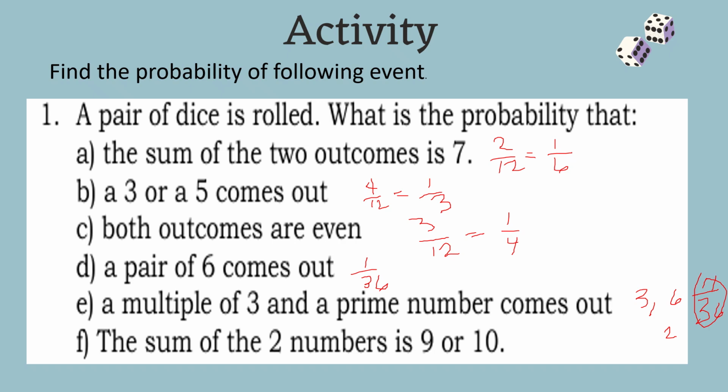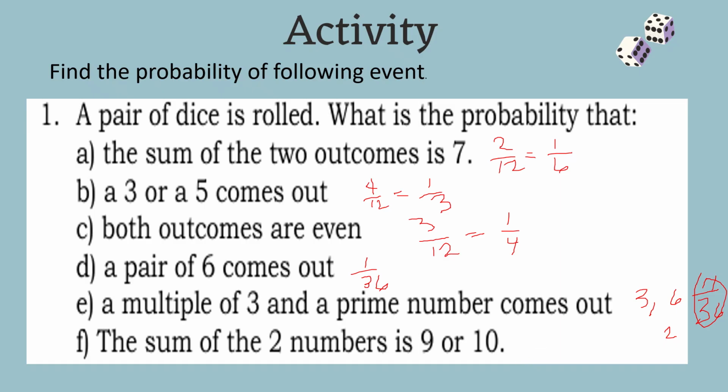Okay, for number 7, or letter F, we have the sum of two numbers is 9 or 10. Actually, there are 7. So we can have 6, 4. How are you going to write this? For the pair, no?